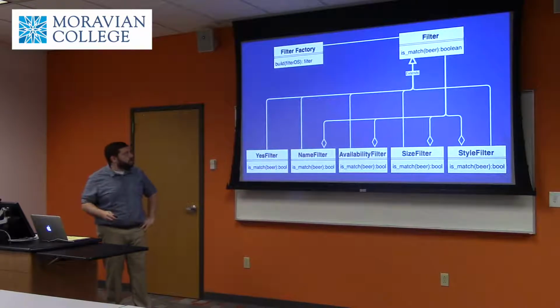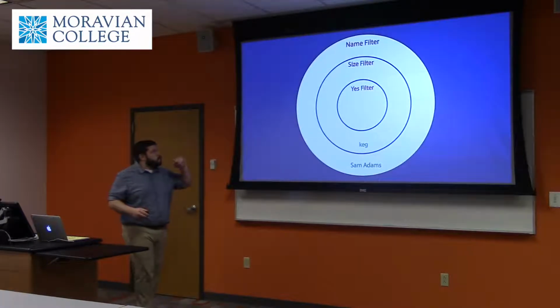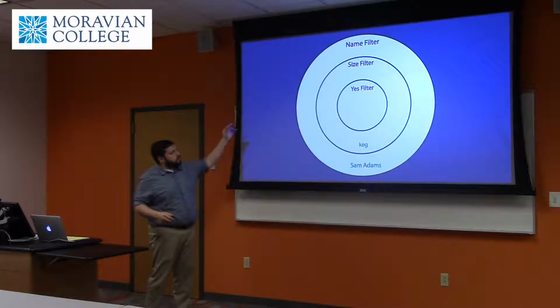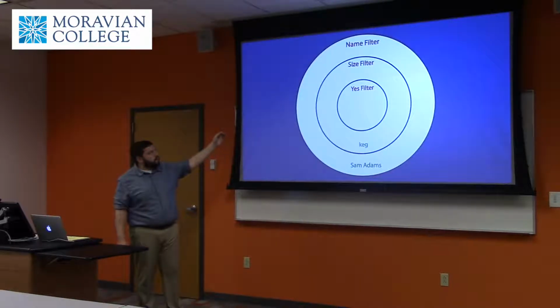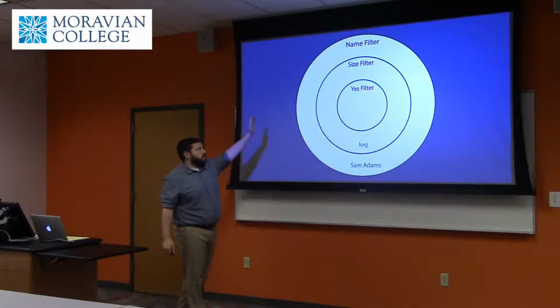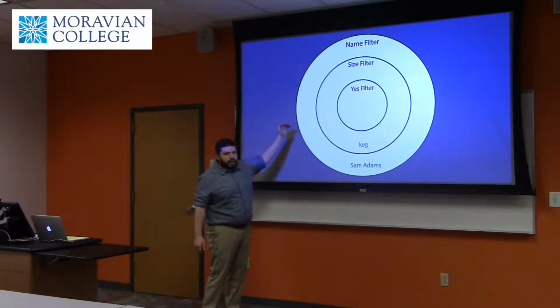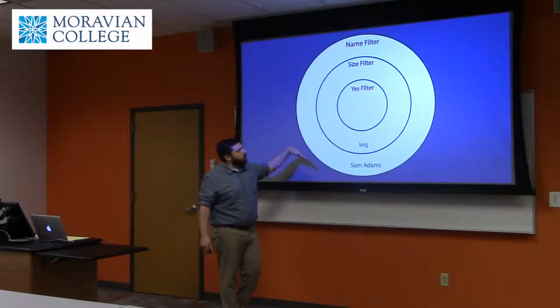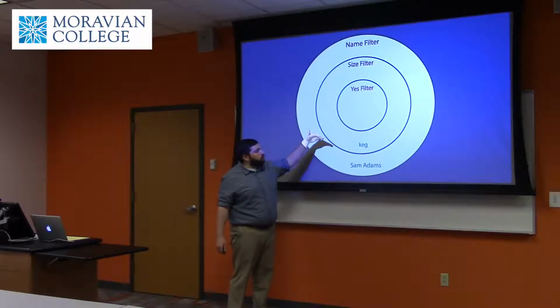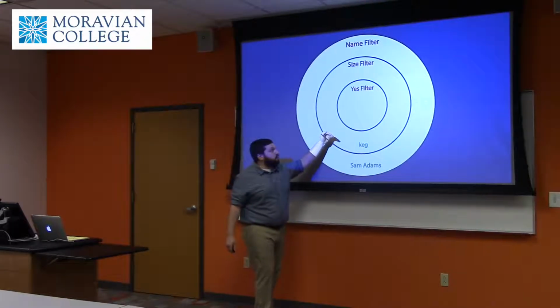It might be easier to understand with an example. So in this filter object, we initially query with a beer name. Assuming that that name is in our inventory, we query those results for a beer size.